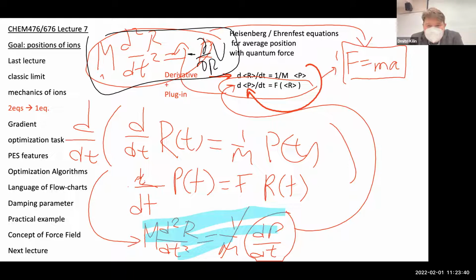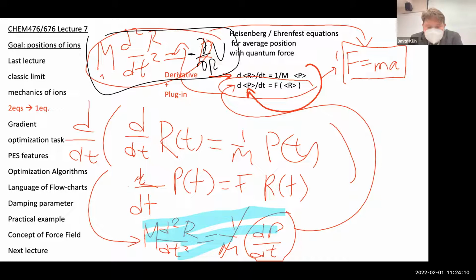So we do have a set of classical equations for the expectation value of positions of ions. It is healthier if we treat coupled equations for position and for momentum, as we did yesterday. And then as soon as these equations are set up, one may go forward and solve them.